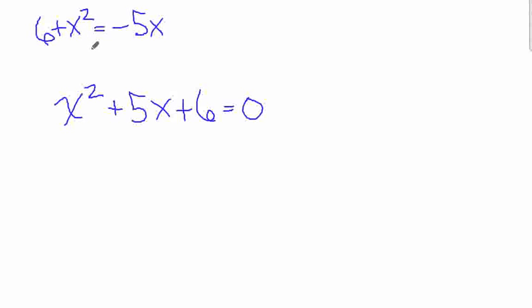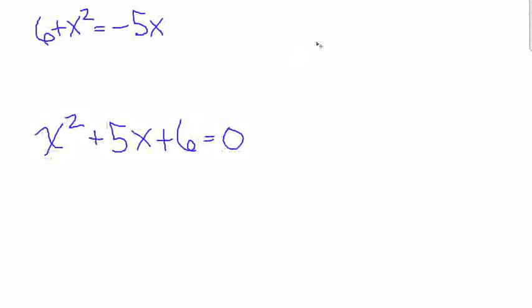You could have all kinds of mishmash ways that this could be given to you. So what I would do if I had that, what I just wrote at the top of the whiteboard, is, as I said, try to get a 0 on one side. So I would add 5x to both sides in that case, and so then I would have x squared plus 5x plus 6 equals 0, just like I wrote at the bottom of the screen.